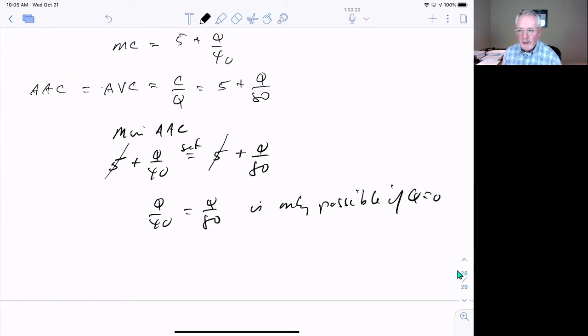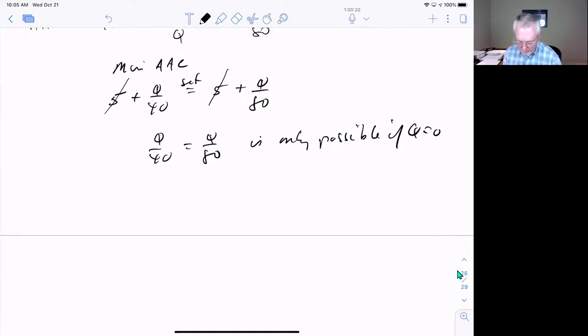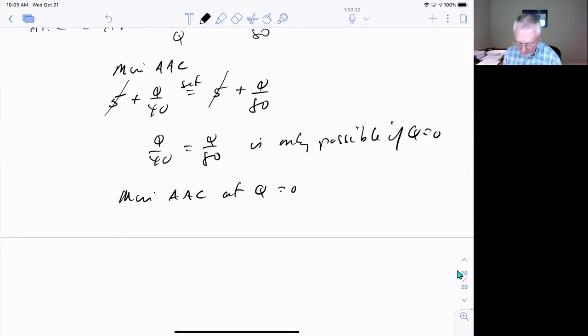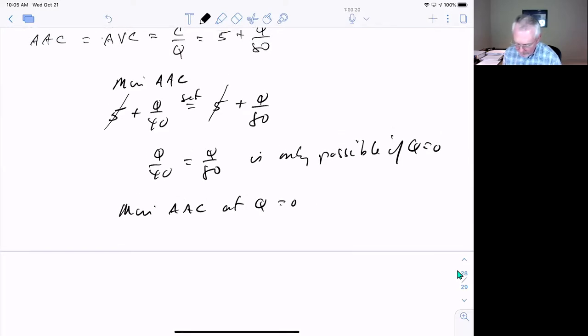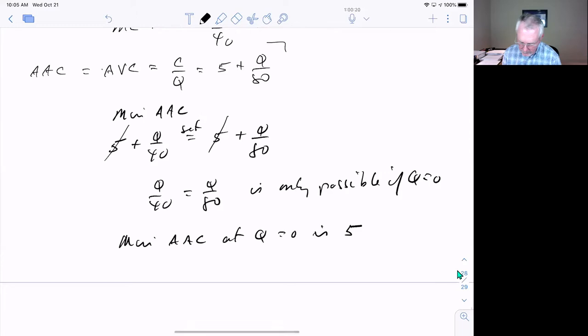So Dan's minimum average avoidable cost, not surprisingly, without any fixed cost, at Q equals 0 is 5, because I stick that Q back into Dan's average avoidable cost, which is 5 plus Q over 80, but if Q is 0, then it's 5 plus 0.